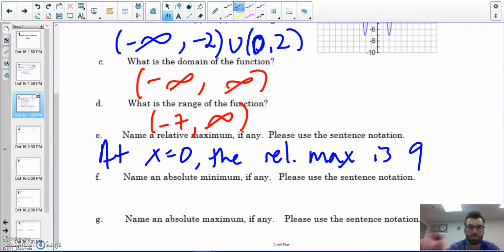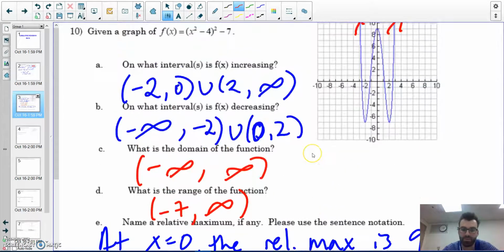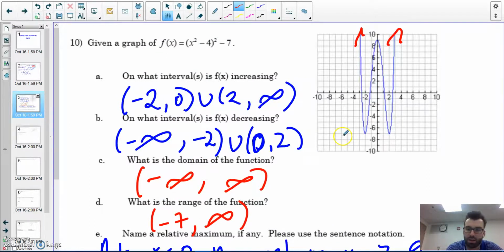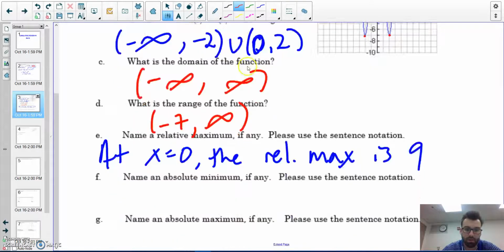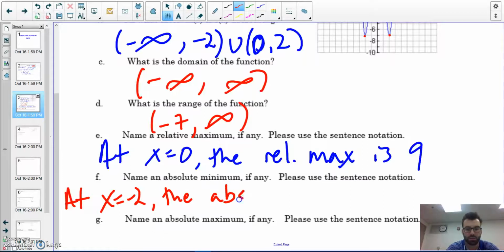Okay, absolute minimum. All right, if any, please use sentence notation. Well, these 2 points here are the absolute minimums of our graph, right there. Now, here's the deal. There's 2 of them, obviously, right? Well, I can write either one. I'm going to write them both out for you. At x equals negative 2, and I'm using shorthand notation, the absolute, you should write it out, min is negative 7.